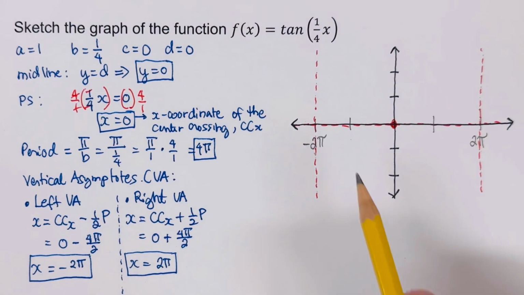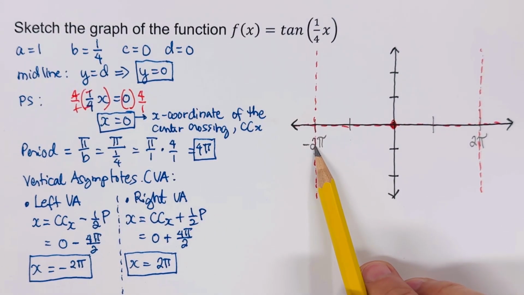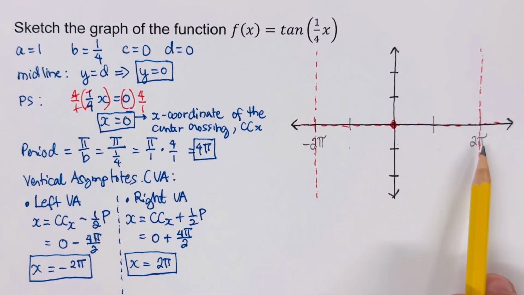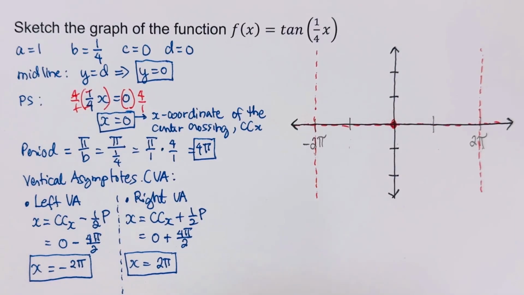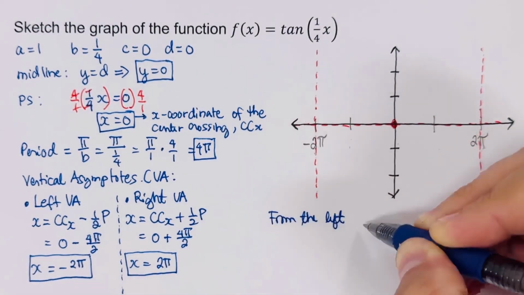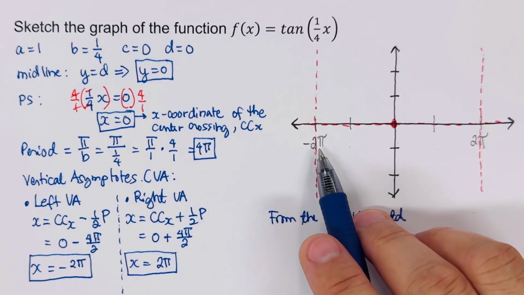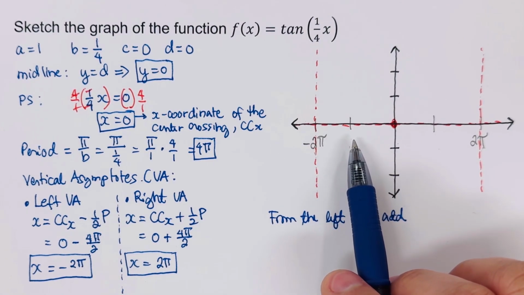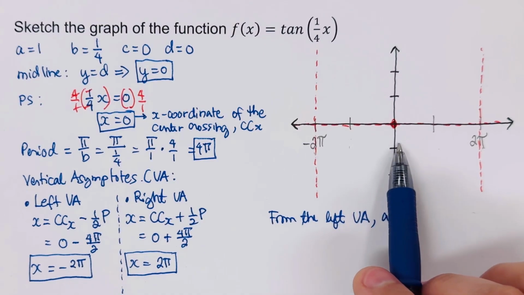To do this, we are going to add a constant value to the leftmost vertical asymptote until we get all these labeled. I'm going to show the work down here. That value that we're going to add each time is 1/4 of the period. The reason it's 1/4 is because there are 4 more dots that we need to determine: 1, 2, 3, 4.